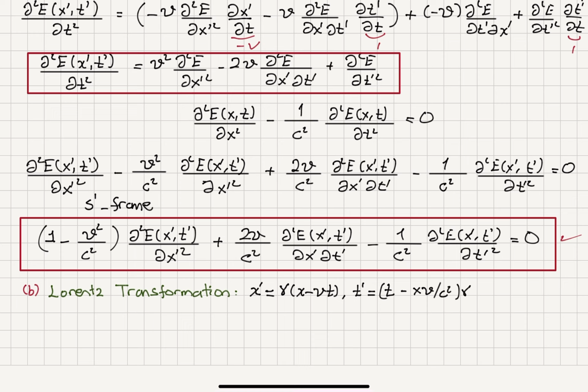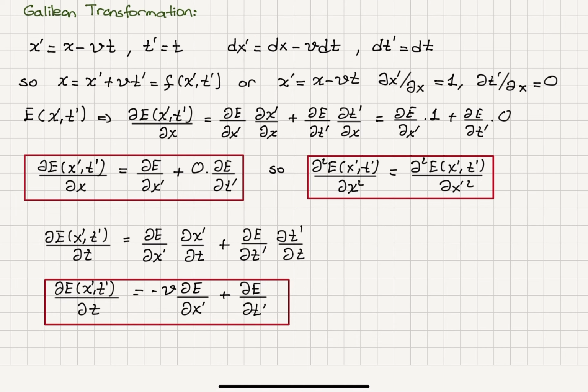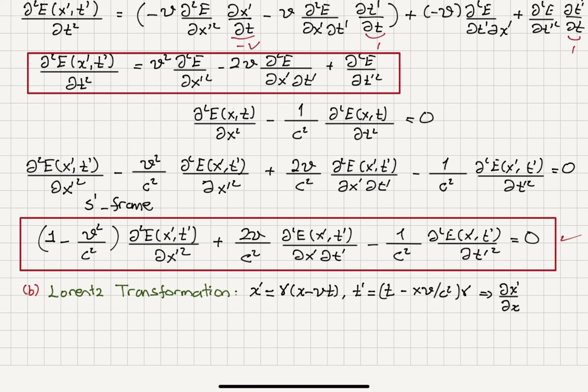And this shows us that if we look at del x prime del x, we used to get 1 in the Galilean transformation. Here, del x prime del x is equal to gamma. For del x prime del t, the derivative of x prime with respect to t, we get minus gamma times v.